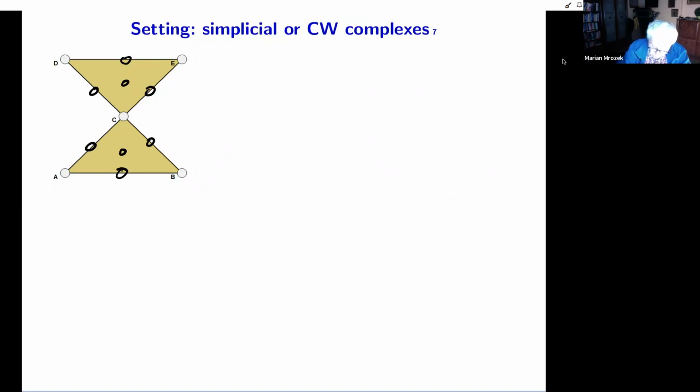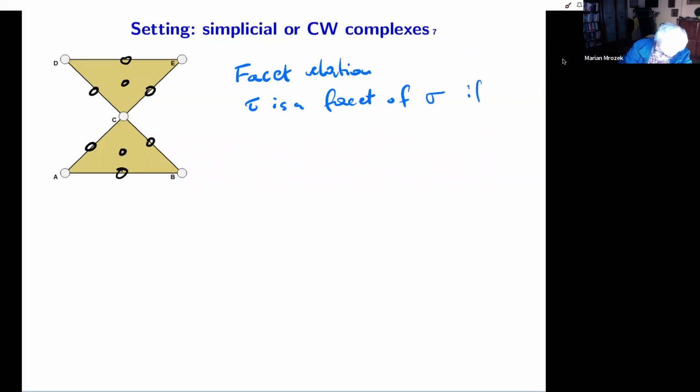Then I'll need the face relation or facet relation. So if tau is a facet of sigma, where tau and sigma are simplices, it is a face of sigma of codimension 1.